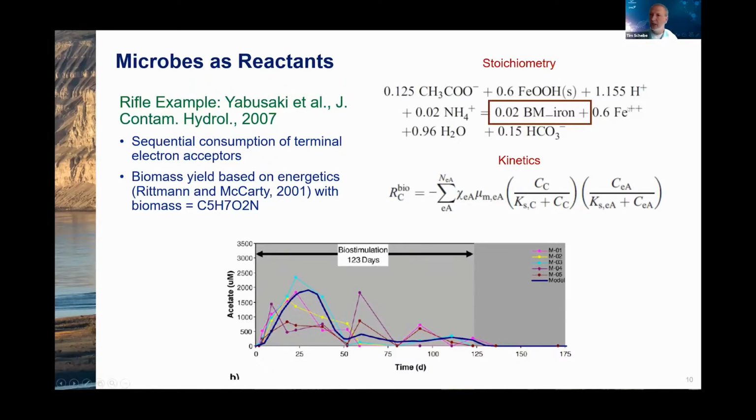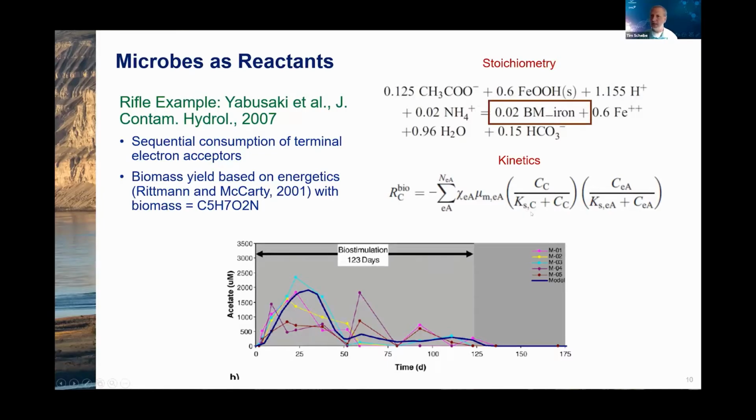And so this stoichiometry again represents the reduction of iron oxides to reduced iron 2, dissolved, and also now has this biomass term. And this is one of many terminal electron acceptors considered in this process.